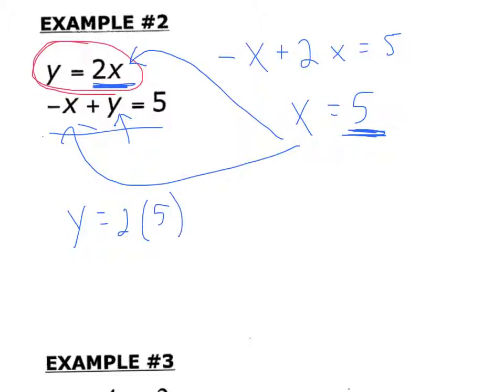And then y equals 10. Okay, we want to plug that ordered pair in, and we have our final solution of 5, 10. Okay, and that is the ordered pair that makes both of these equations true.